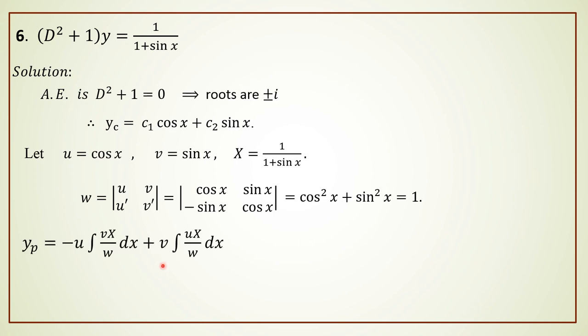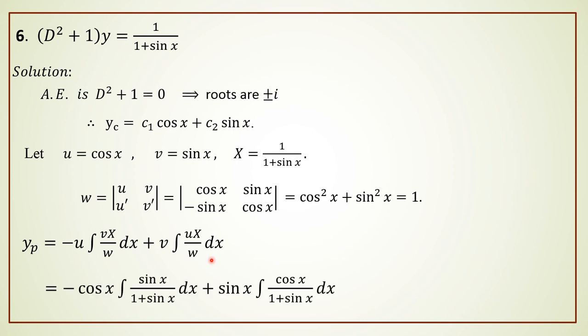Then the particular integral yp is given by yp is equal to minus u into integration of v into X divided by the Wronskian with respect to x, plus v into integration of u into X divided by the Wronskian with respect to x. So substitute u, v, X and the Wronskian over here.